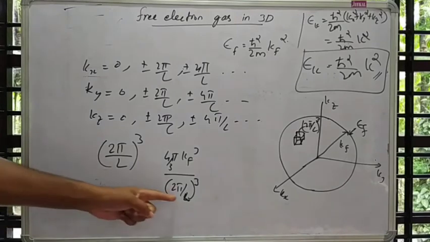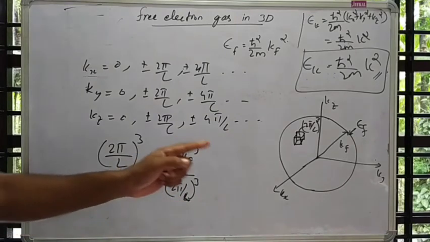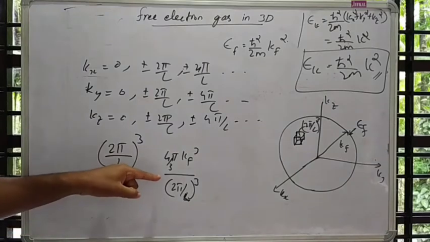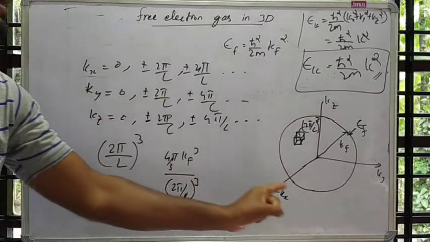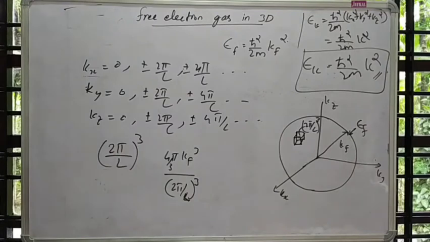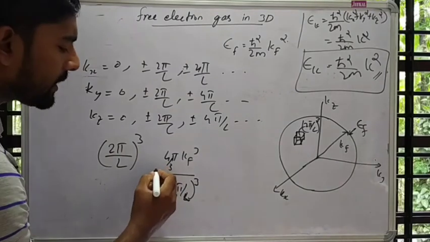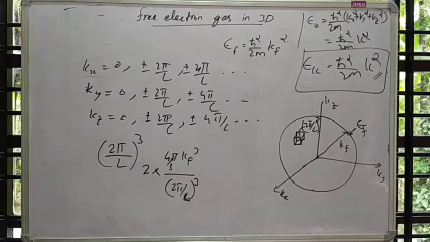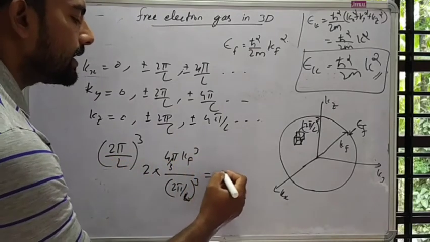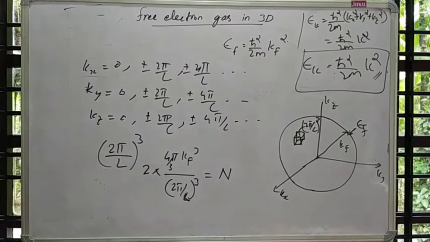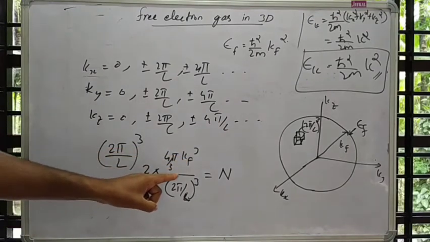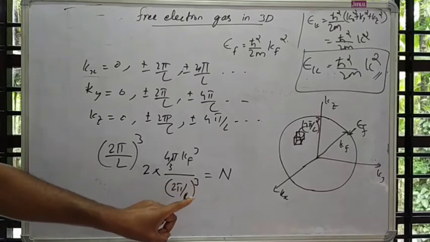That means in this volume of (2π/L) whole cube, there corresponds a k value. So we will get the number of k values in this net volume, and each k value corresponds to 2 electrons with opposite spins. That means the number of electrons is equal to 2 into 4/3 π kF cube over (2π/L) whole cube.